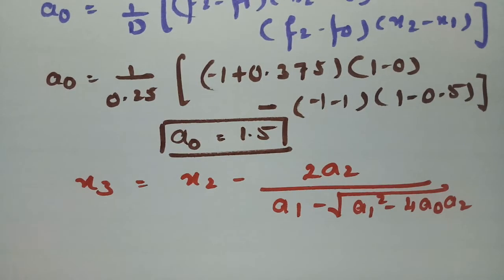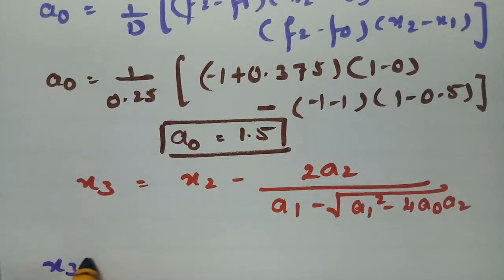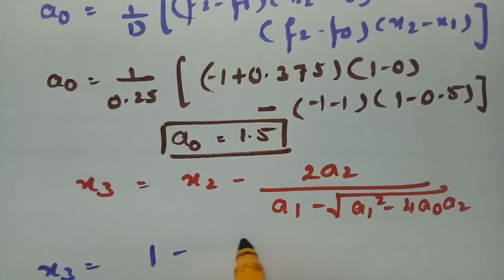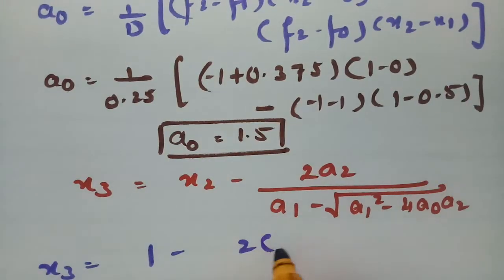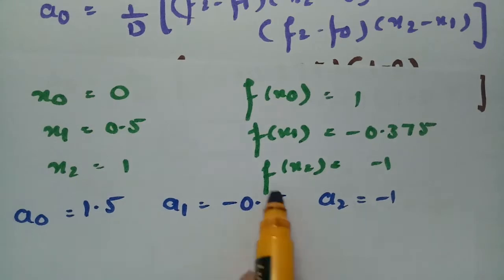Now I'll substitute all the values, which are ready with us. x3 is equal to x2, and the x2 value is nothing but 1. So this is 1 minus 2 into a2, where a2 is minus 1, divided by a1. What is the a1 value?